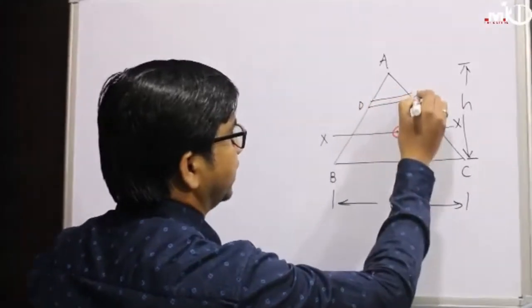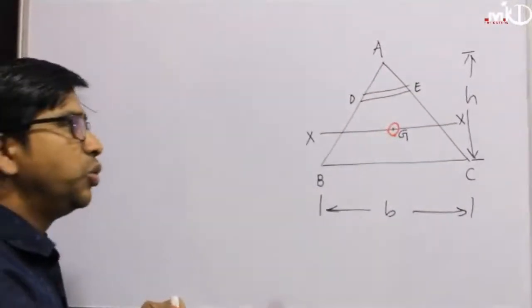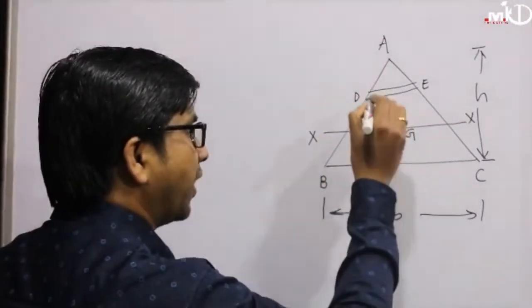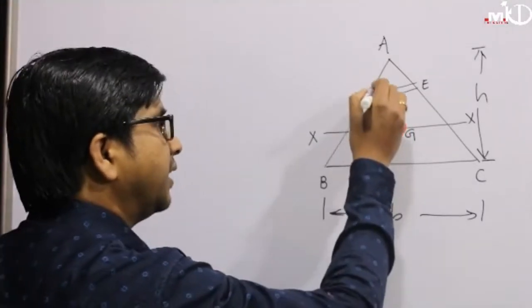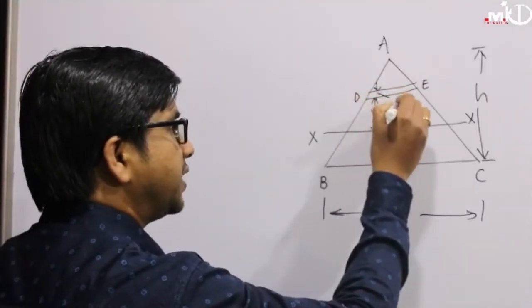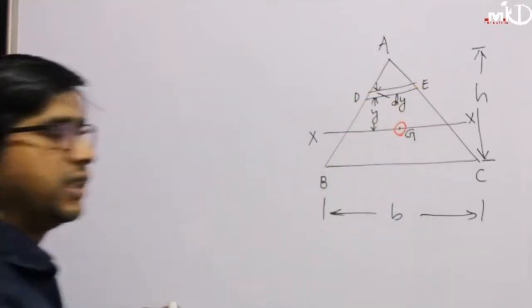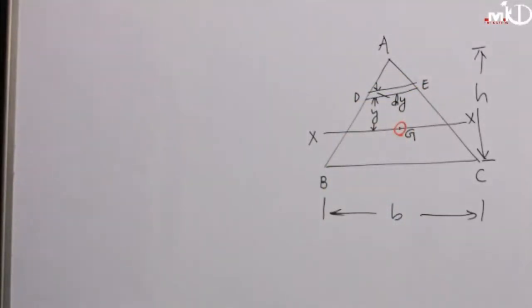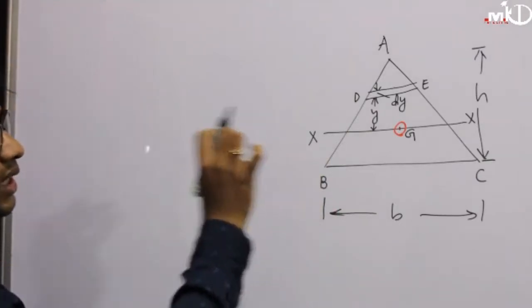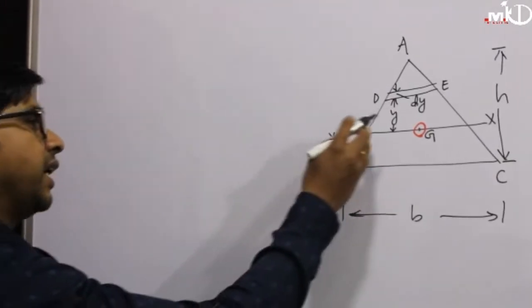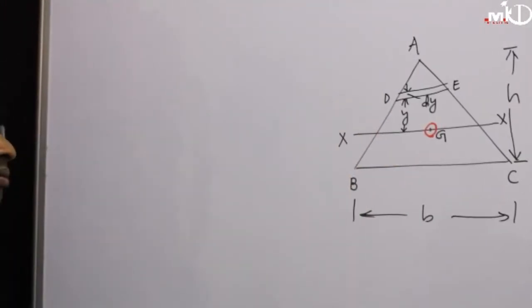So now I am taking an element DE, right? DE is the element which is taken at a distance of y from x axis, and let's say the thickness of this element is dy. So first of all I have considered the element DE whose thickness is dy, taken at a distance of y from x axis.